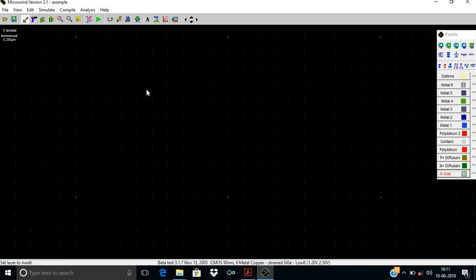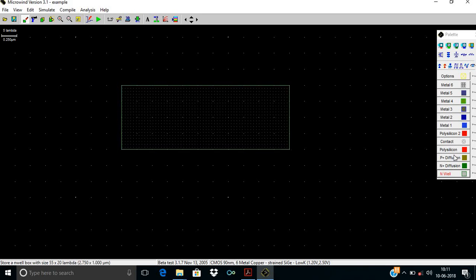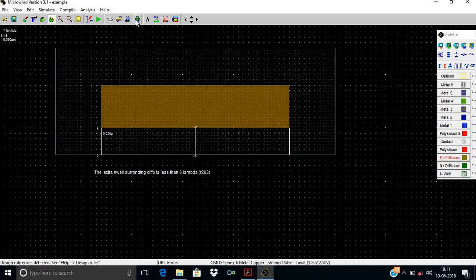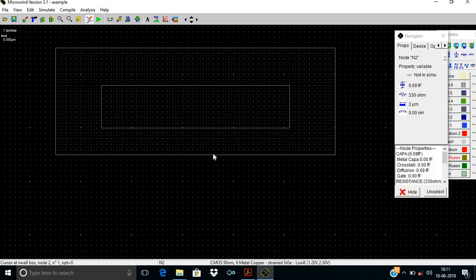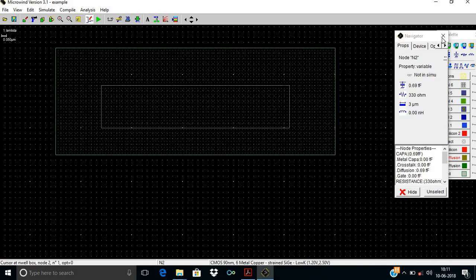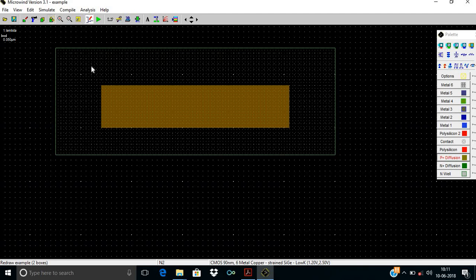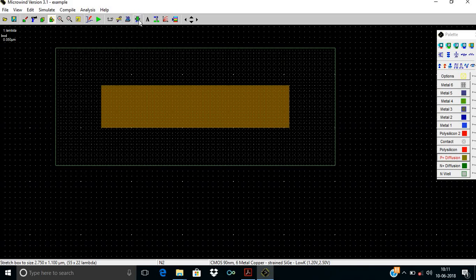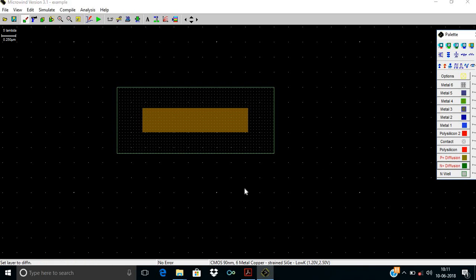Start with this, select the N-well, then the P plus diffusion material, then check the DRC. This distance should be minimum 6 lambda. Then N plus diffusion.